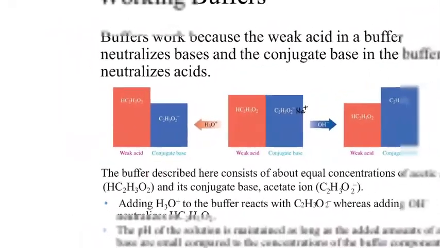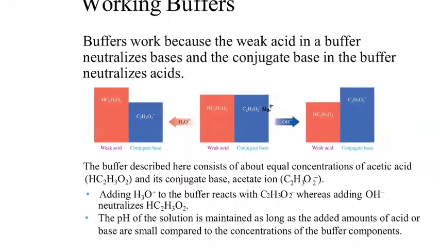As you can see in the words down here, when you add H3O plus to the buffer, this component of the buffer, the salt of the conjugate base, reacts with the incoming acid.